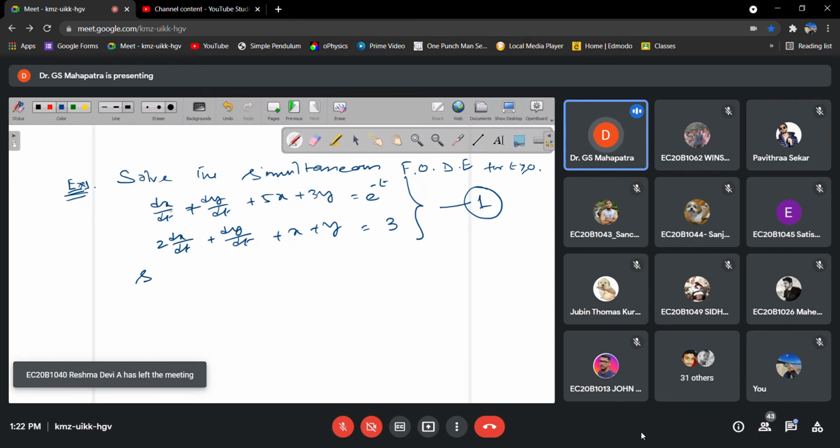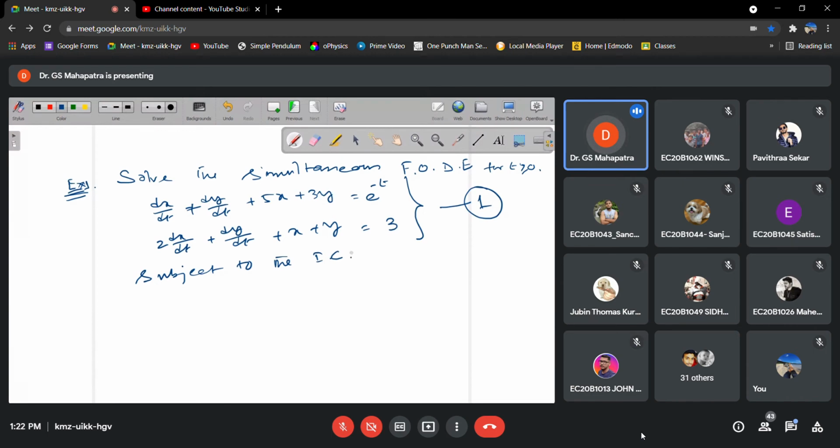So for this one, subject to the initial conditions, IC: 1 for x, 1 for y. So x = 2 and y = 1 at t = 0. This is the problem. Now the problem is completed.